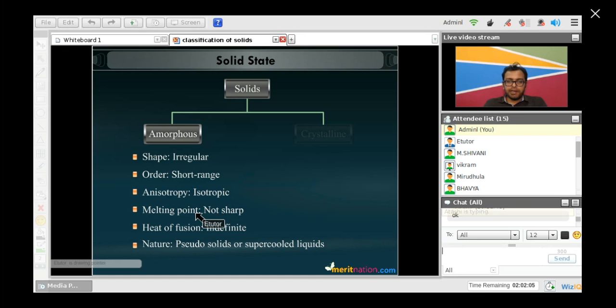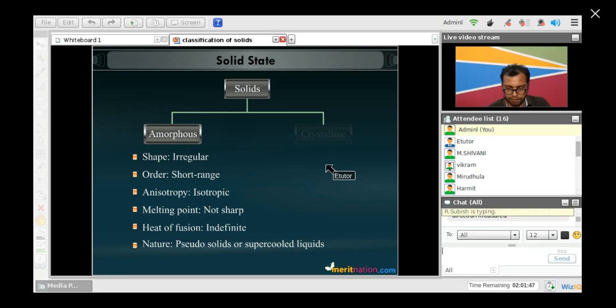Now, what is the melting point of an amorphous solid? If you observe the melting point of an amorphous solid, you will observe a range of melting points. So the melting point of an amorphous solid is not sharp, right? You won't observe a sharp melting point in an amorphous solid.